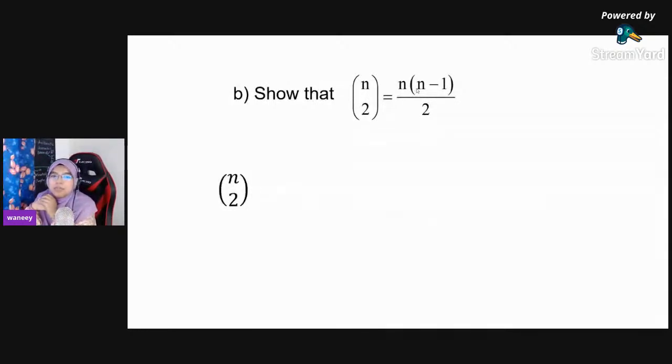Try to start from the definition of binomial coefficient, and then simplify using factorial.